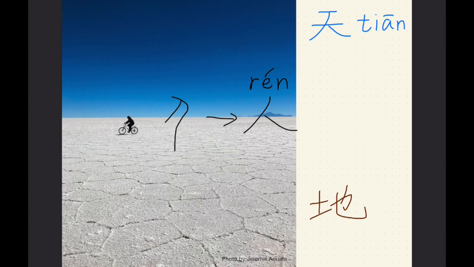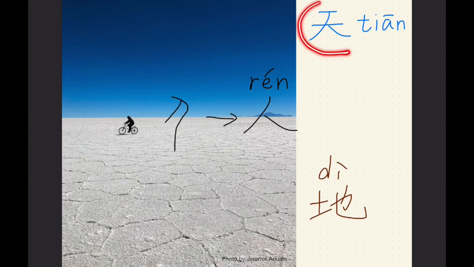We still keep the writing, but the pronunciation changed drastically. The earth gives us the meaning of the ground, because ground is made of earth. And the next part is its ancient pronunciation, which is very different from its modern pronunciation. The modern pronunciation for the ground is 地. Let's review.